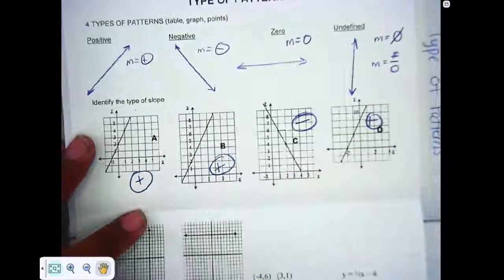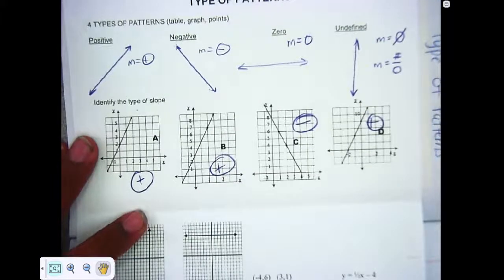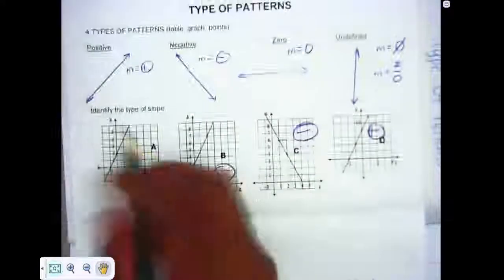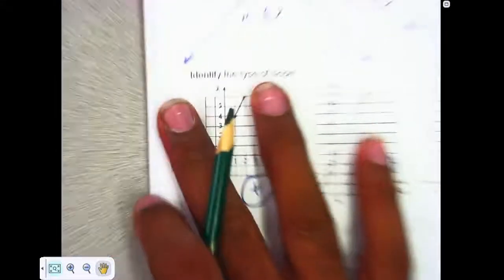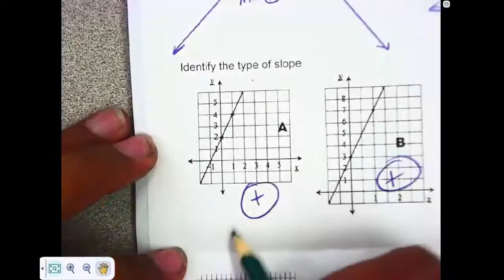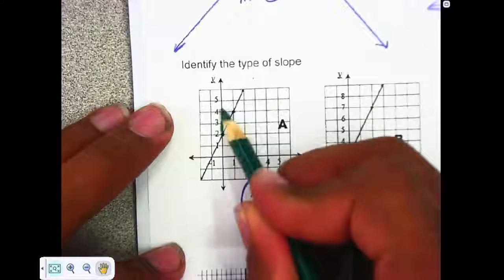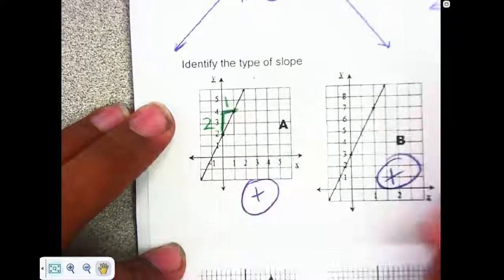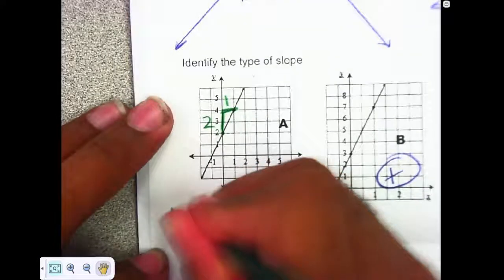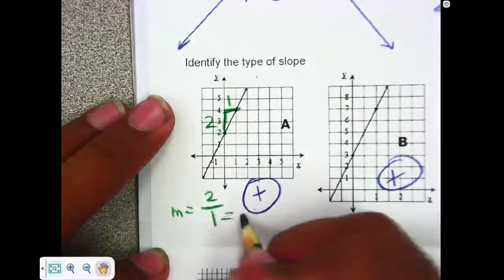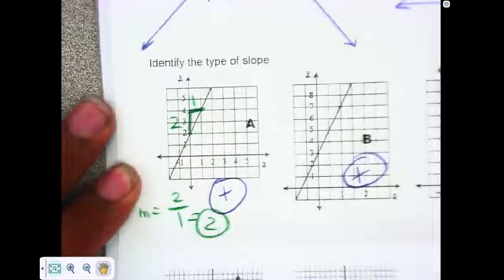Okay, now let's go ahead and identify what the actual slopes are. Okay, so going from this point to this point, let me zoom up a little bit. First of all, I know it's going to be positive because it's increasing. This goes up 2, and then to the right, 1. So the slope here is 2 over 1, or it can be simplified to 2. Okay, this next one is also going to be positive.